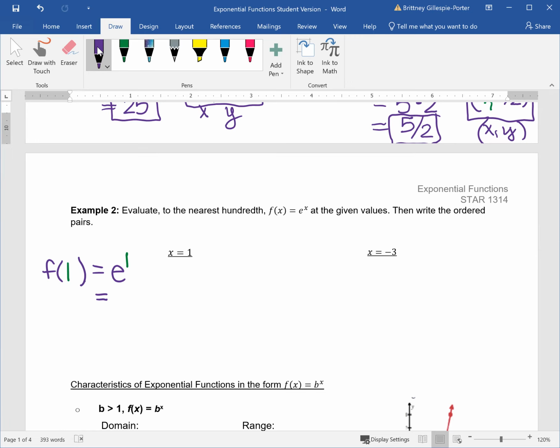Press that button, and then on the left-hand side, third from the bottom, you should see an LN button. So go ahead and press the second button, and the e to the x is hanging out above the LN. And then you're going to have E showing up on your home screen. Go ahead and put 1 on the inside and hit enter.